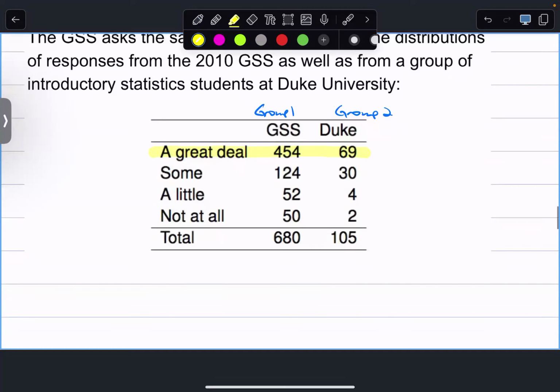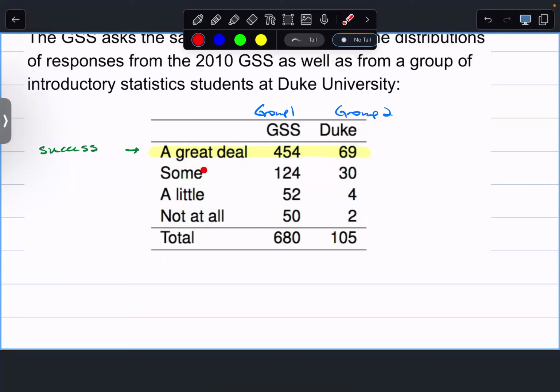We're going to consider this a success, which makes this a failure, this a failure, this a failure. We can zip those up into just not a great deal, so we can ignore all those categories.